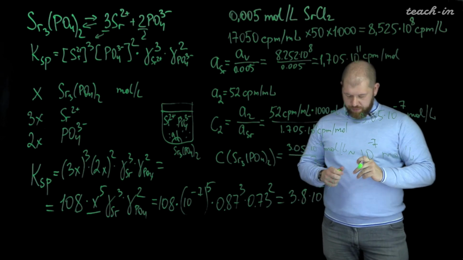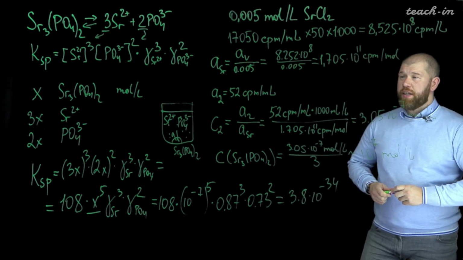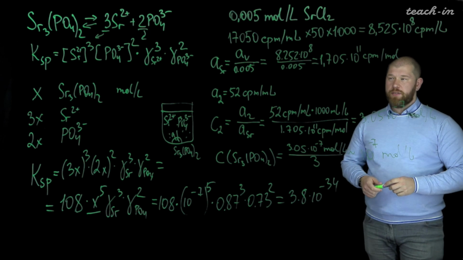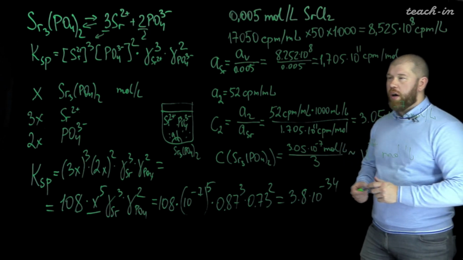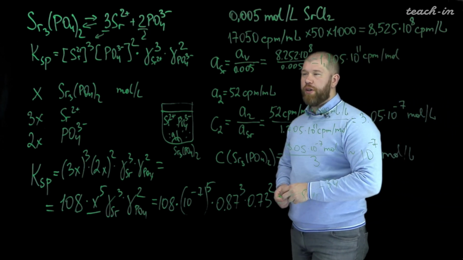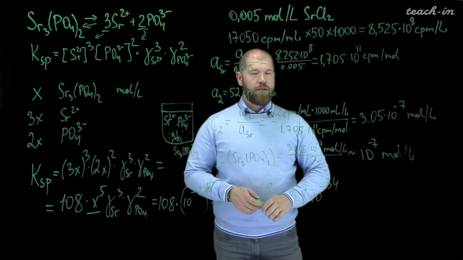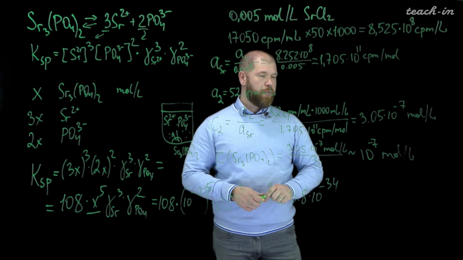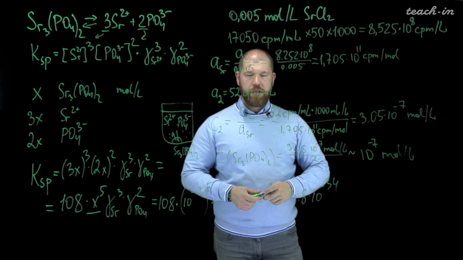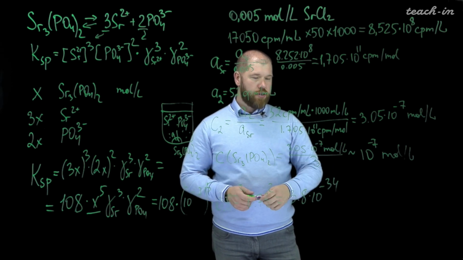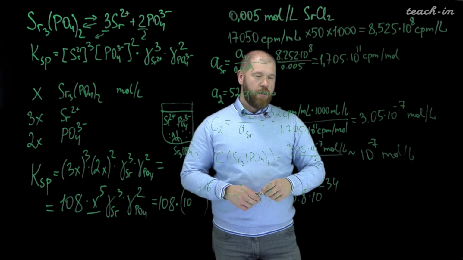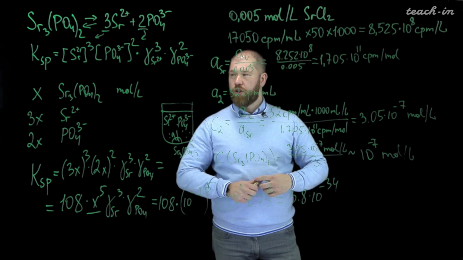Okay, so this is again an illustrative example of how we can use radionuclide tracers to determine such a low concentration of substances in solution, and it is not even the lowest concentration that we can measure.